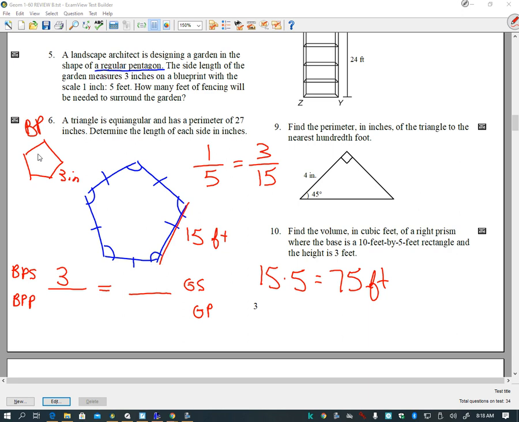That would be 15 feet here, right? And the blueprint perimeter, that would be 3 times 5, right? 3 times 5 would be, am I messing this up? How bad am I doing here? Let's see, the garden side is 15 feet. The blueprint perimeter is 15 inches.